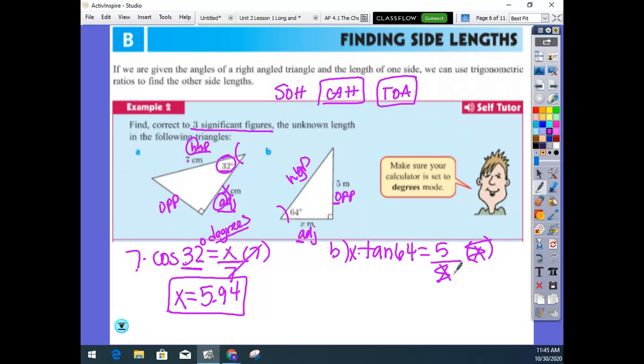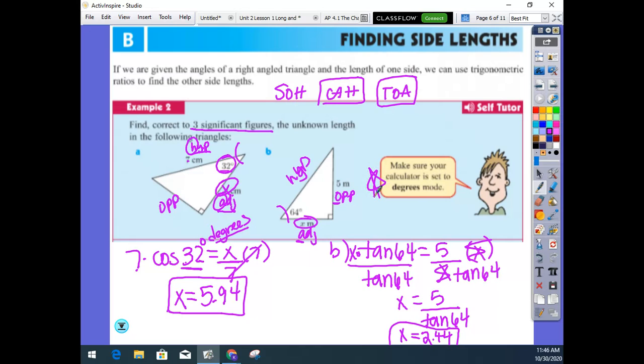That gets it out of the denominator and into the numerator. Now to get x by itself, I divide both sides by tangent 64. So x will equal 5 divided by tangent of 64. Take that in your calculator and you should get 2.44. And that's finding that missing length in your triangle.